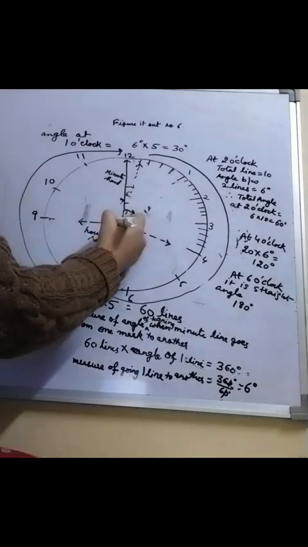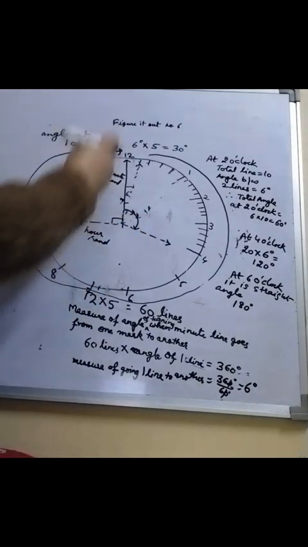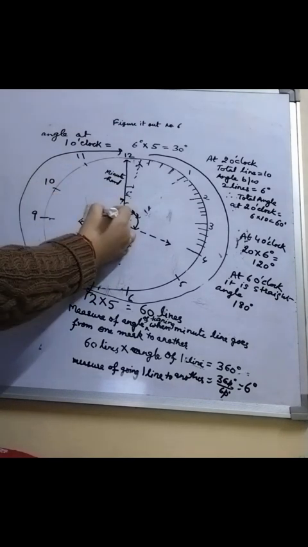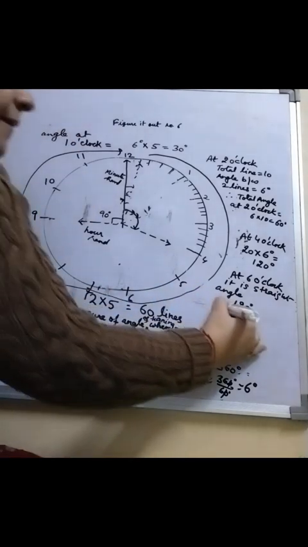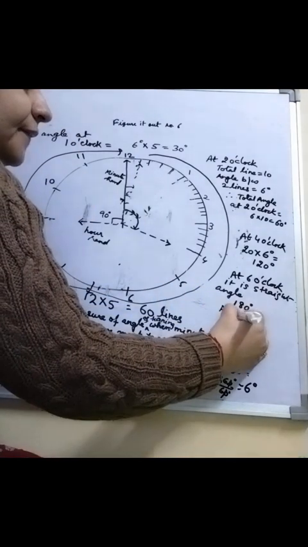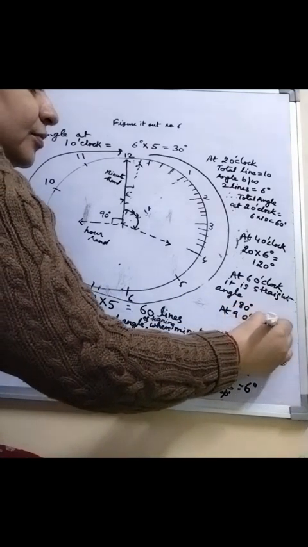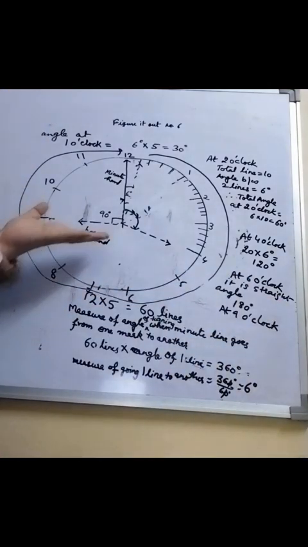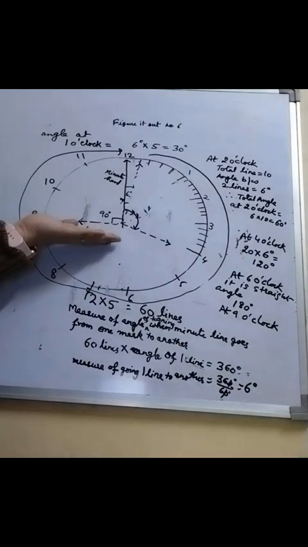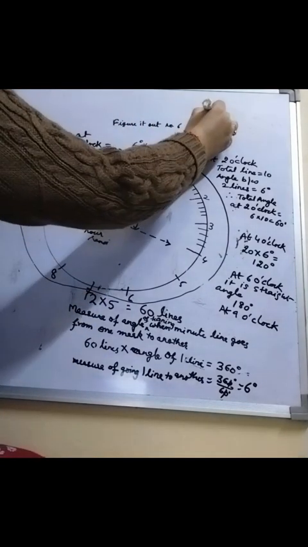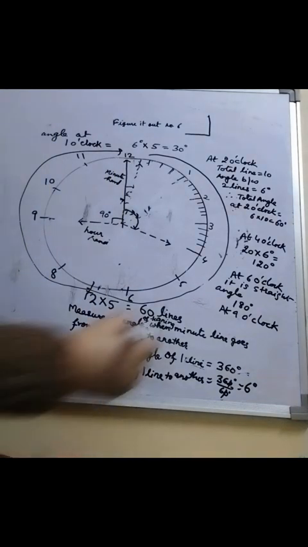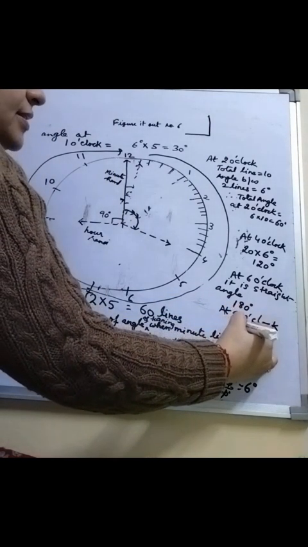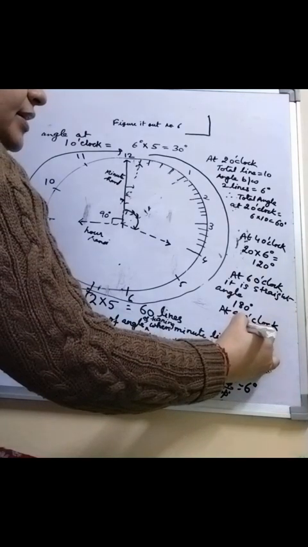So you can also say that it is making an L shape. So this is 90 degrees. At 9 o'clock, this is again a very observable or known figure, a mirror image of L. So at 9 o'clock it is 90 degrees.